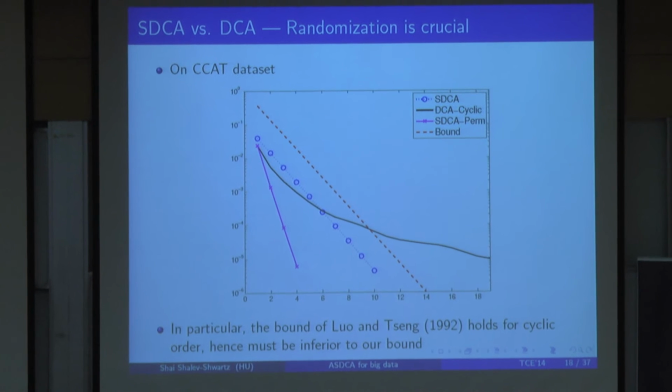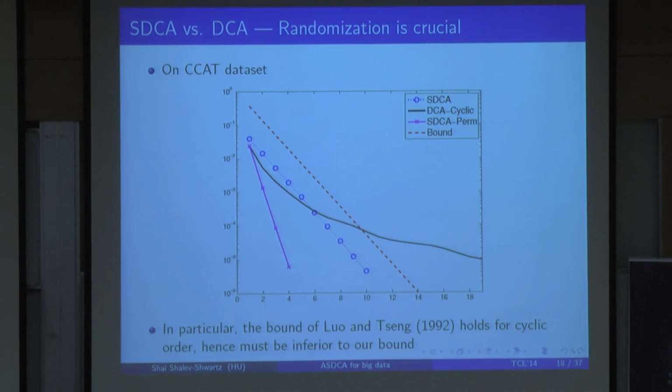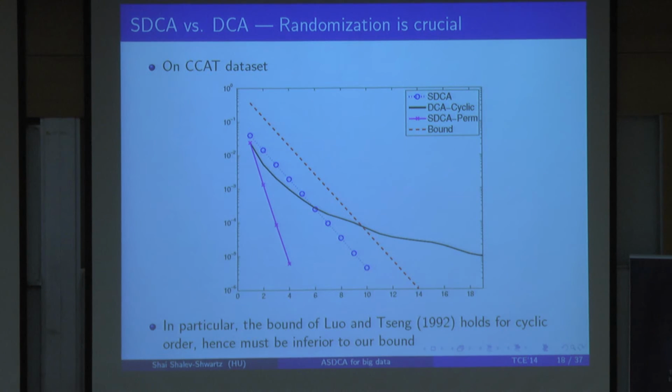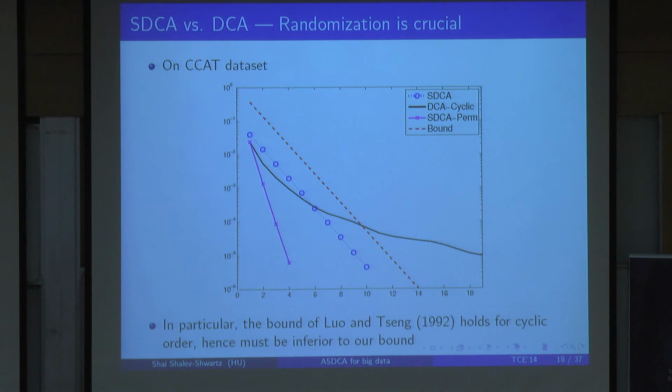And the way I found out about this fact is just by making a bug in my implementation of stochastic dual coordinate descent. I wanted to see how it works in practice, and I implemented it, and I saw the black line. But I knew that I had the red line as an upper bound, so I thought, either I had a bug in the implementation, or I have some bug in the theoretical analysis.